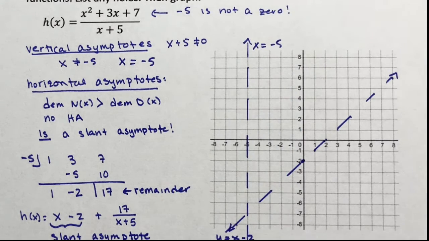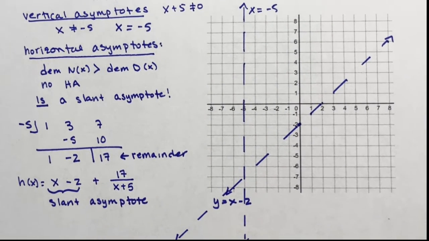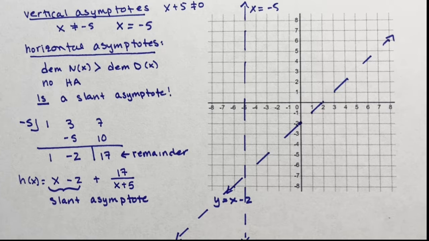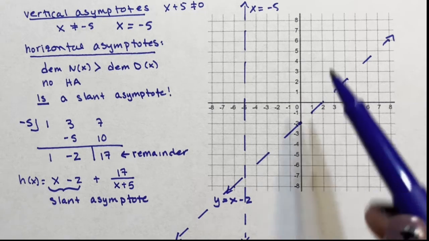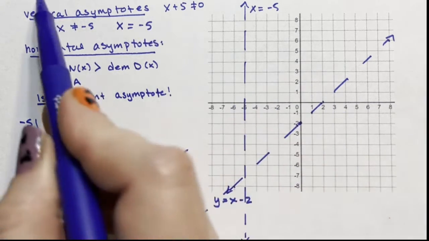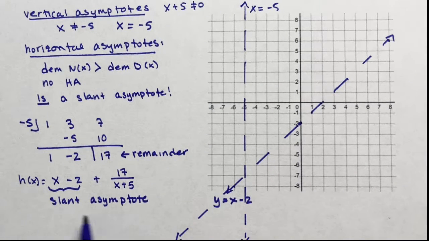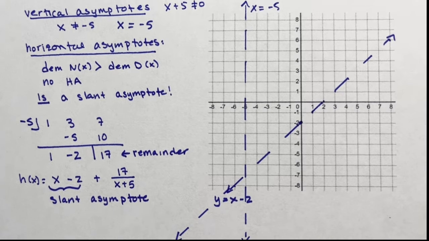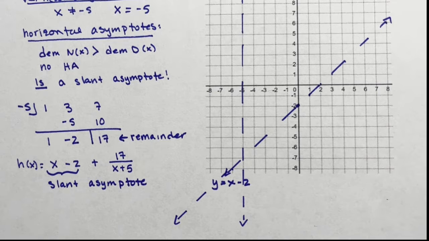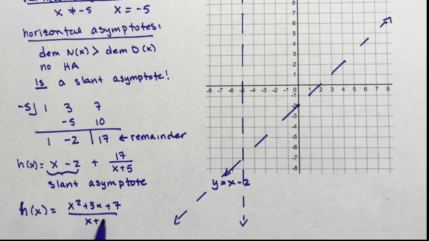All right, then if I want to graph the actual function, which I can also do here, I need to plot a few points. So I'm going to go down a little bit further. I'm going to rewrite my function, the original one, h of x equals x squared plus 3x plus 7 over x plus 5.